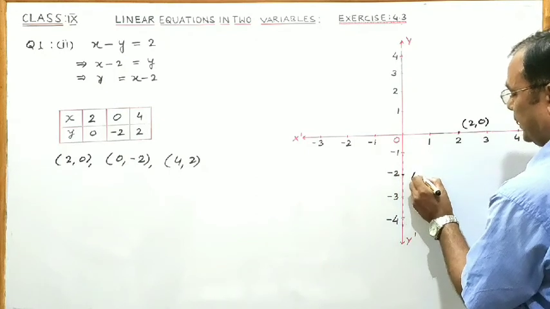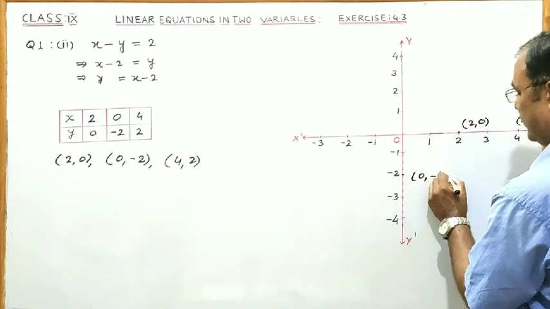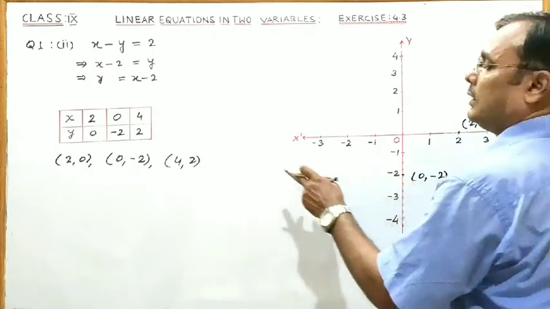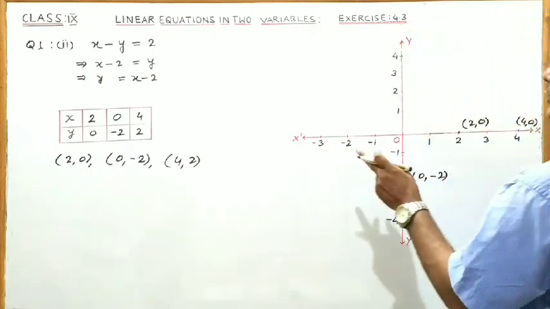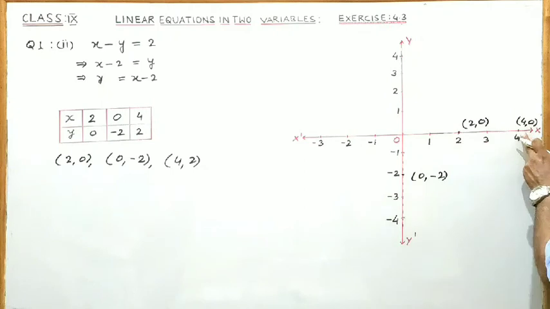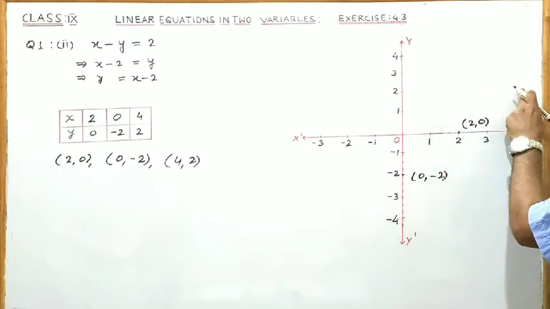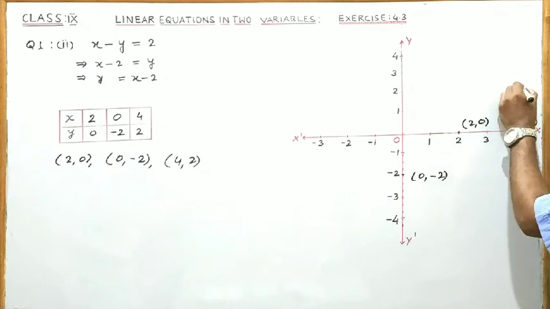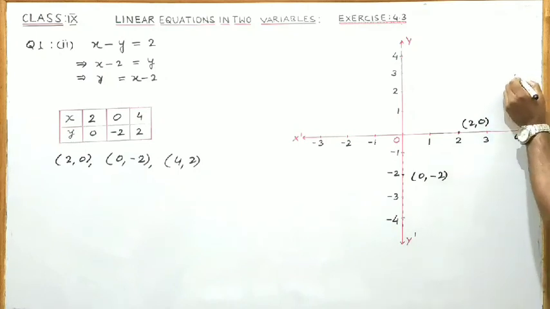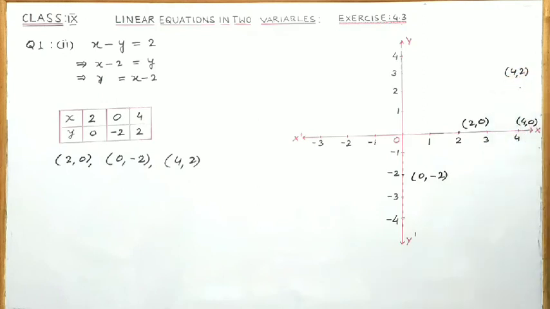So this point (0, minus 2). (4, 2), x equal to 4, y equal to 2. So this is x equal to 4 and y is equal to 2. So this point is (4, 2).